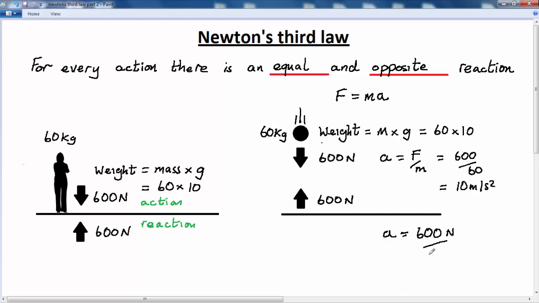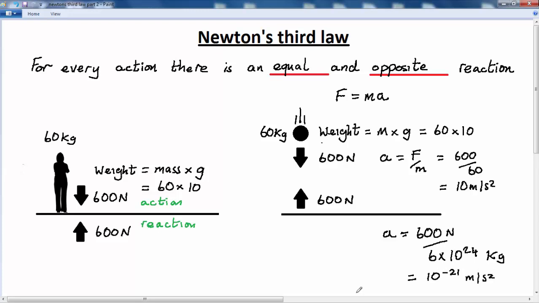And there we have the difference, because the mass of the Earth is 6 times 10 to the 24 kilograms. Then we'll find out that the acceleration of the Earth towards that cannonball is equal to 10 to the minus 21 meters per second squared.